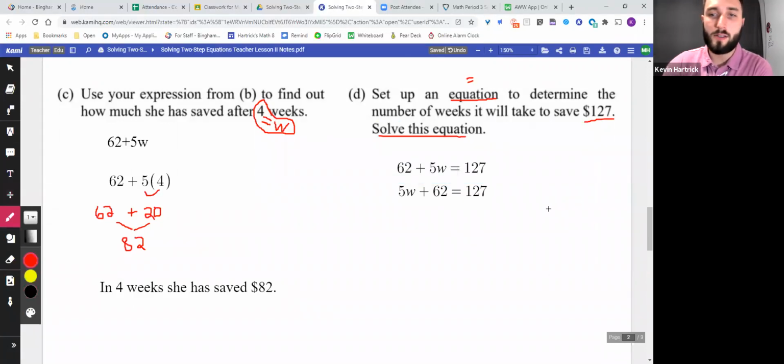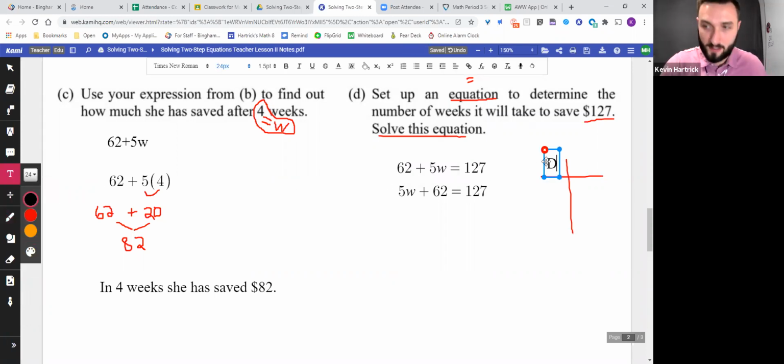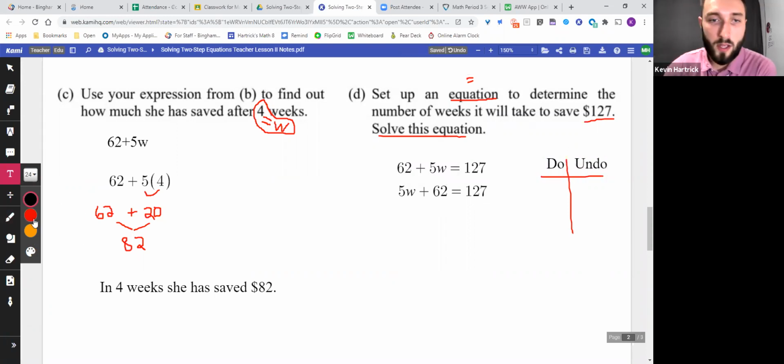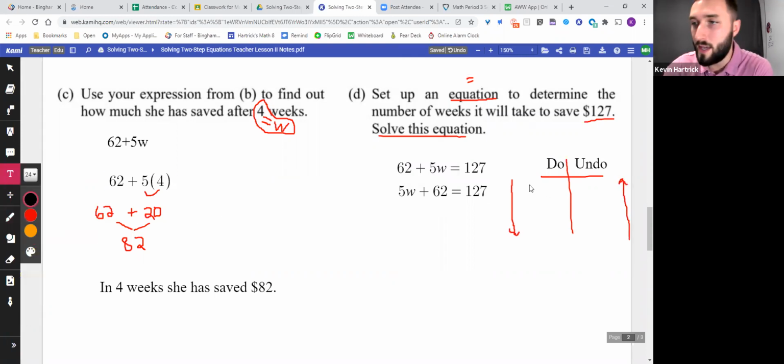Okay, now let's do our do-undo. So remember, the left side is the do, what happened to the variable, and then the right side is the undo, what we're going to do to figure out what the variable is. The dos go from top to bottom, the undos go from bottom to top. Okay, I've created my whole table. Now I'm going to start. What's happening to this variable here?